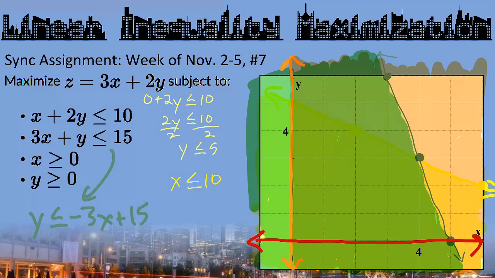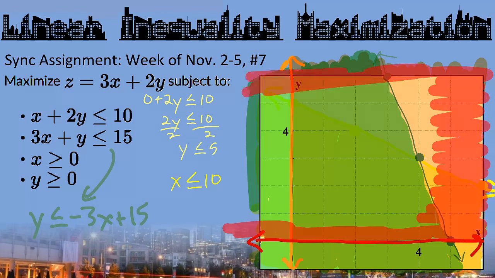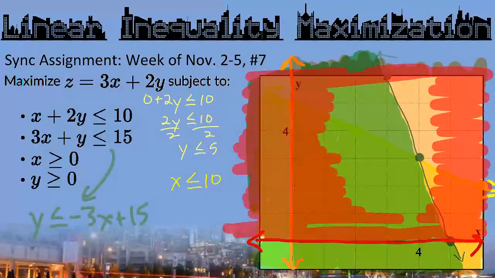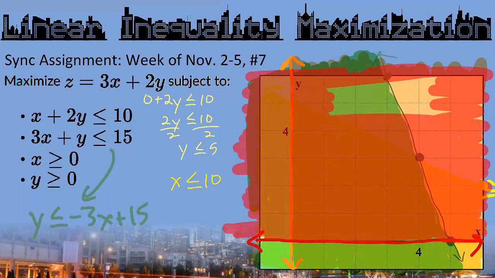Greater than or equal to 0 means we shade above that. So up here, like that.